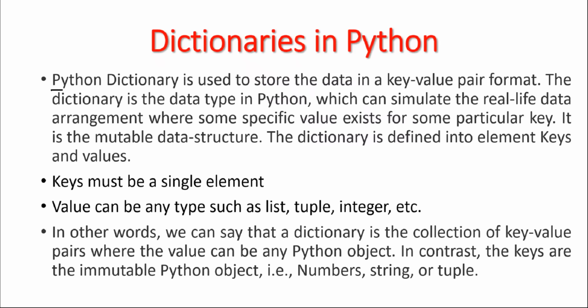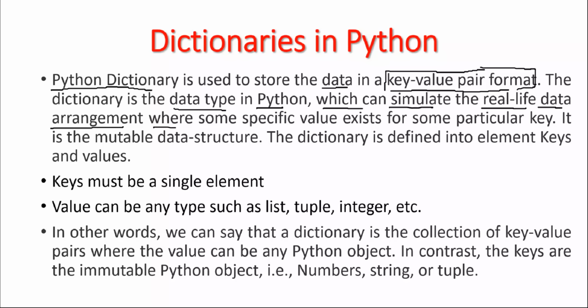A Python dictionary is used to store data in a key value pair format. We already saw what a key value pair format is. The dictionary is a data type in Python which can simulate real life data arrangements where some specific value exists for some particular key.